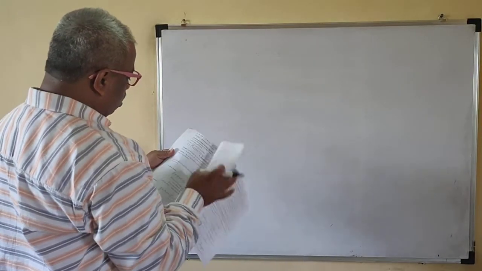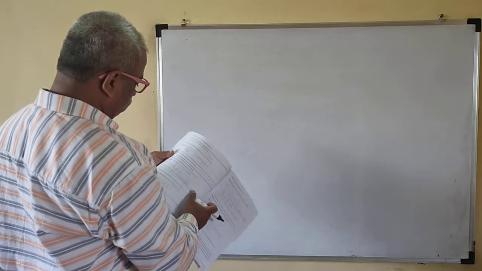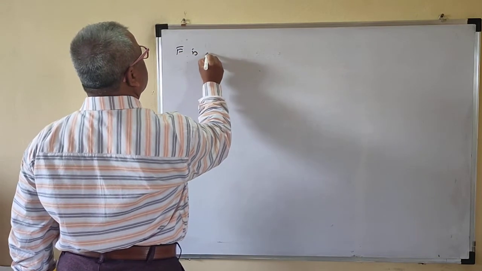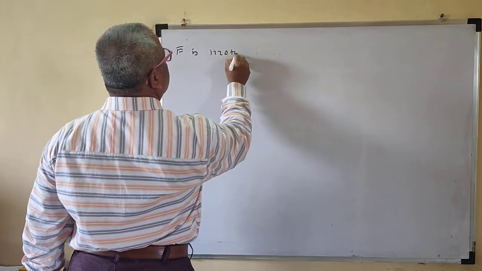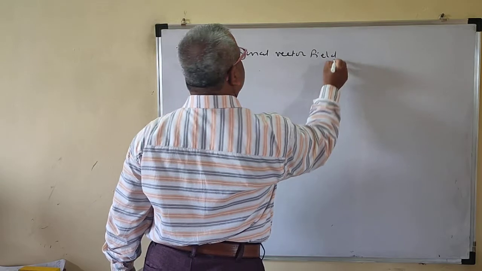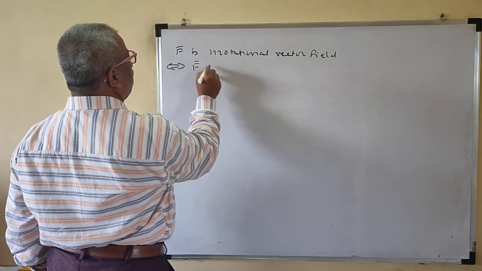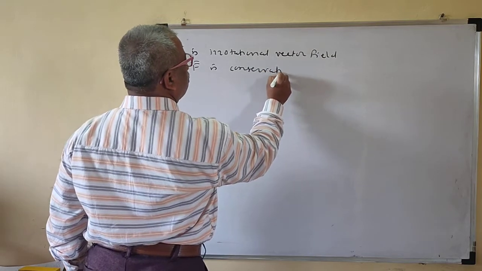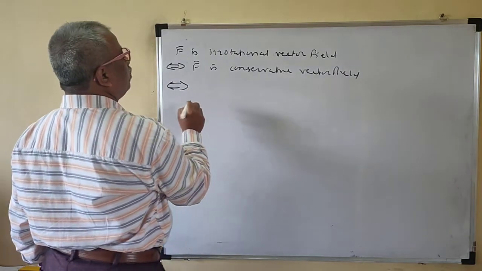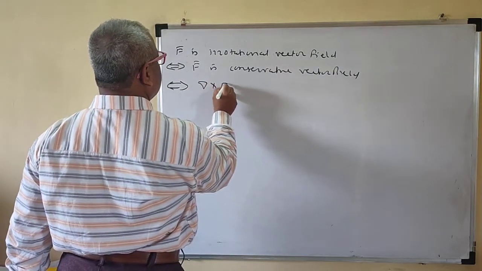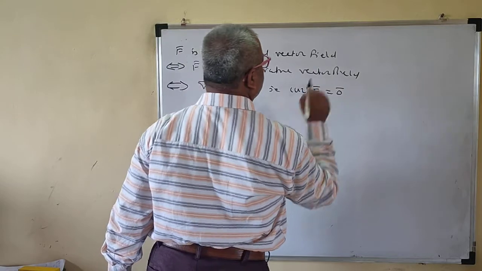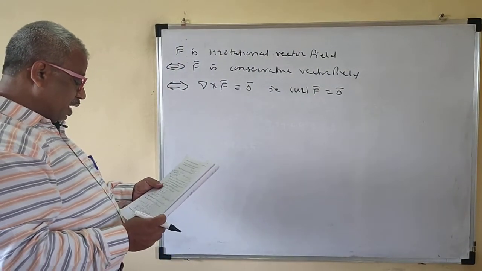So for curl, F bar is an irrotational vector field if and only if F bar is a conservative vector field, if and only if del cross F bar is the 0 vector, that is, curl of F bar is 0 bar. Note that it is 0 bar, not 0. So remember that.